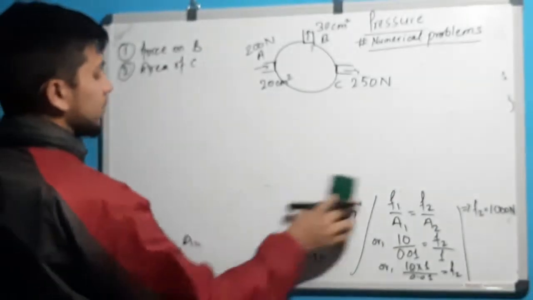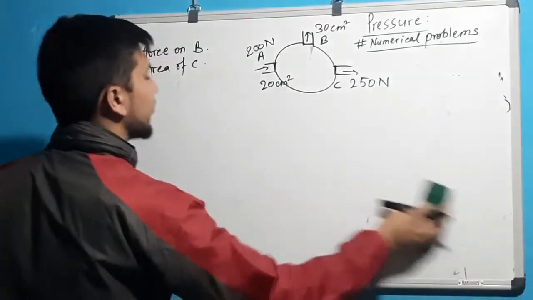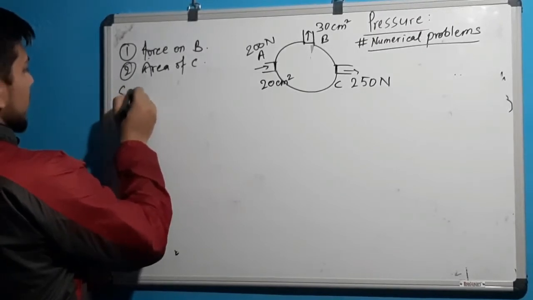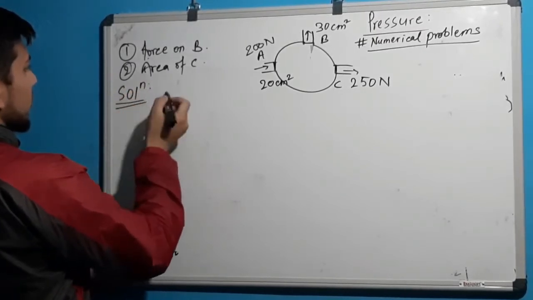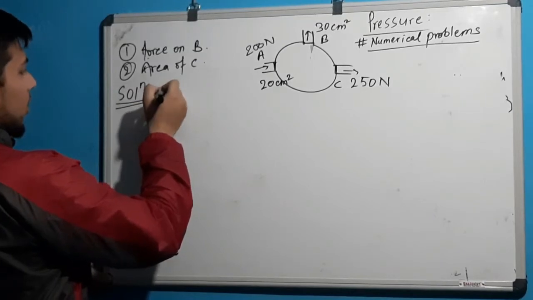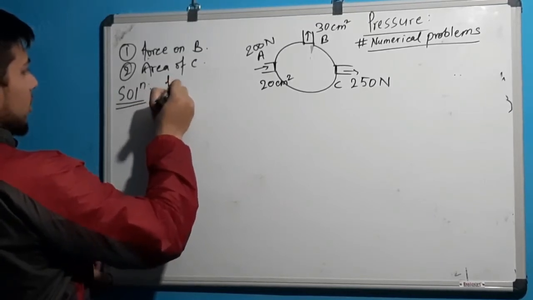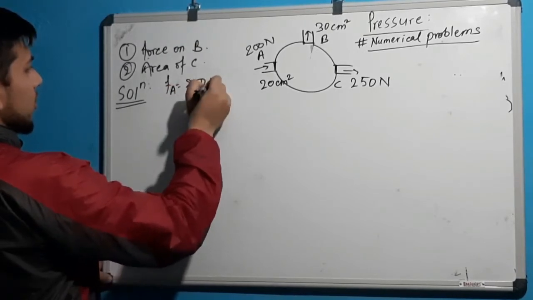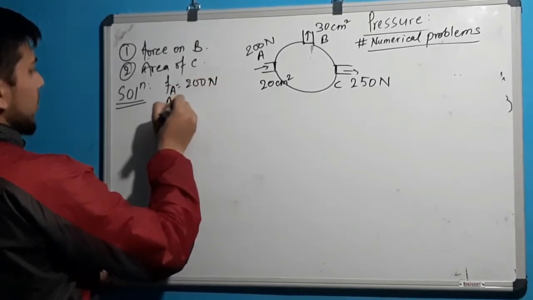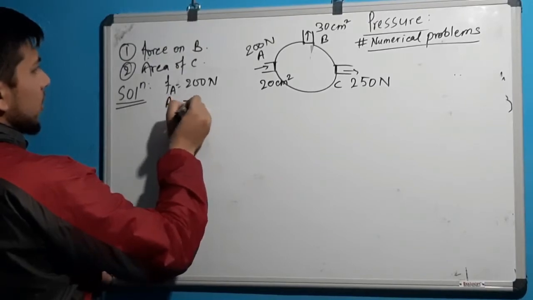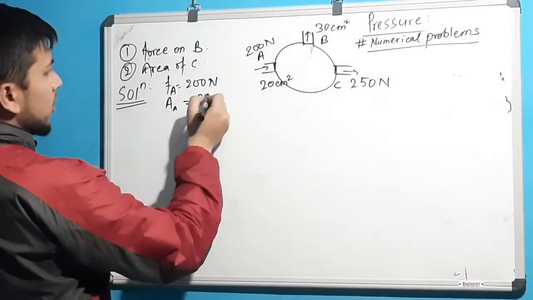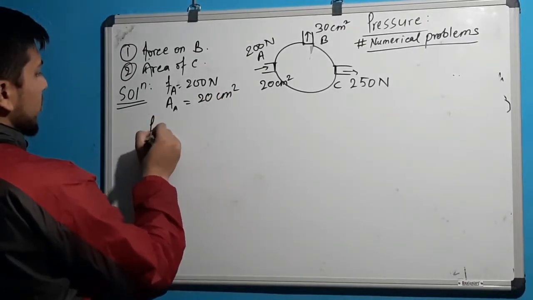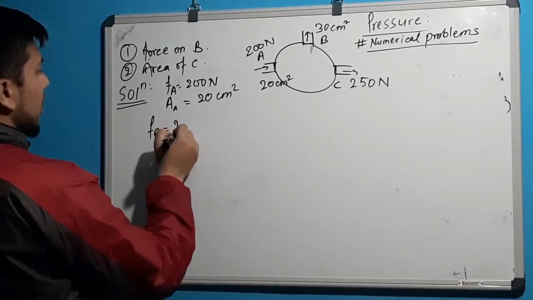So I am going to erase this. You have to write given. लेख्नु पर्यो. Here FA equal to 200 Newton and area of A equal to 20 centimeter square, and force on B equal to what?